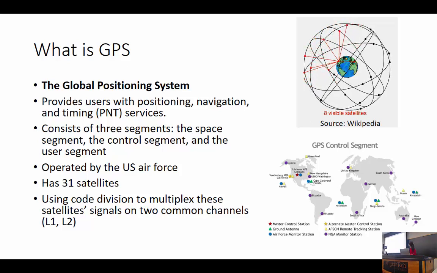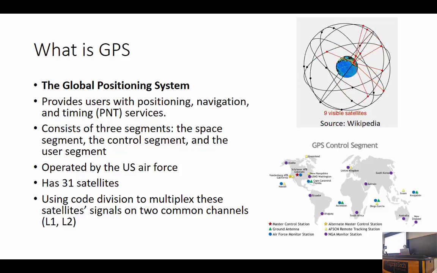And the control segment are ground stations distributed around the globe that provide monitoring and control of the satellites. And the user segment is essentially the GPS receivers that are embedded in everyone's car navigation system, smartphones, and in some of the timing devices distributed in power grids and the financial industry.